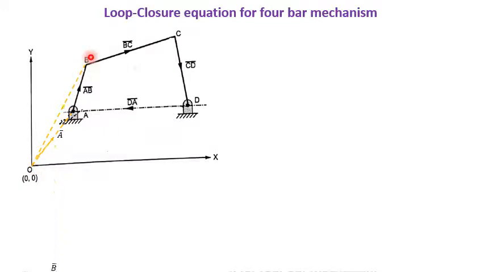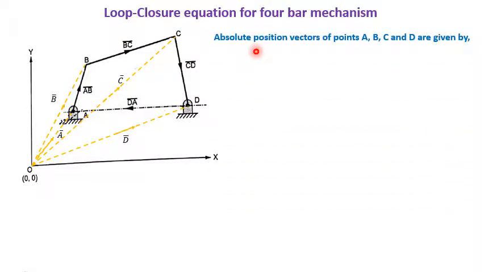This represents the position vector for point B. This is nothing but vector B. Similarly, for point C, draw a line from the origin. This is the direction. This represents the position vector of point C. Similarly, for point D, draw a line from the origin and this is the direction. This represents the position vector of point D. Therefore, vector D.